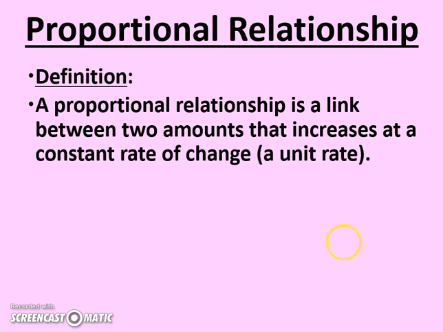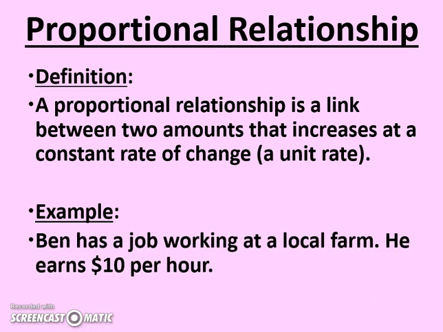A proportional relationship is a link between two amounts that increases at a constant rate of change, which is also called a unit rate. An example would be if Ben has a job working at a local farm and he earns $10 per hour. This is a proportional relationship between the number of hours that he works and his total pay.